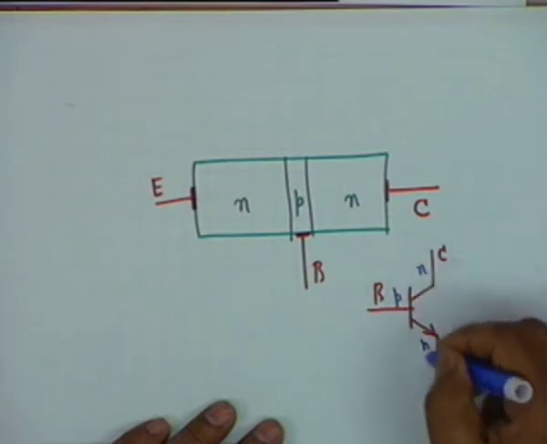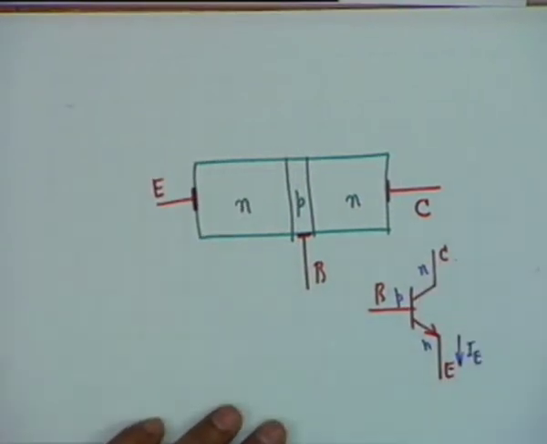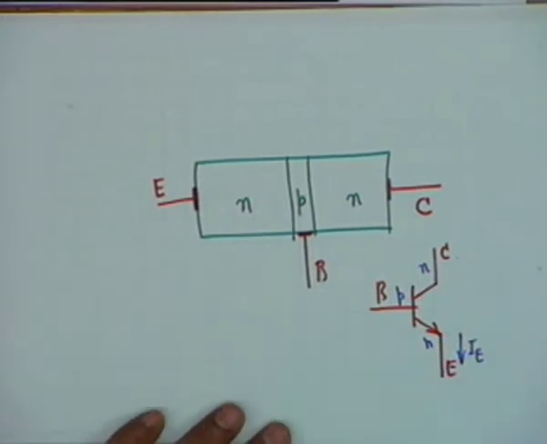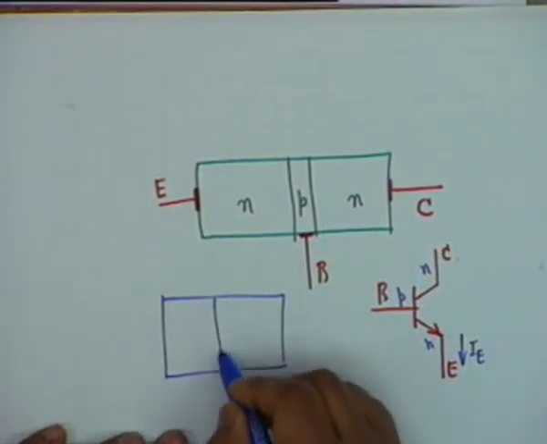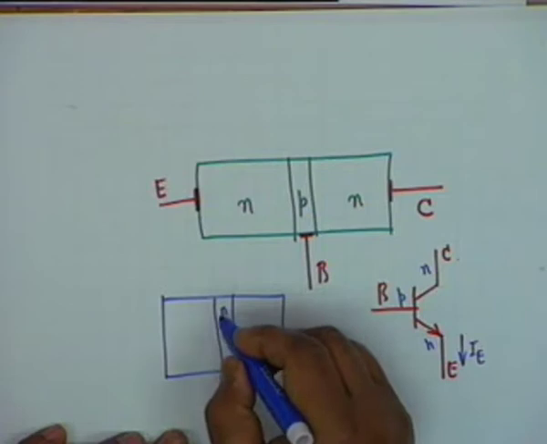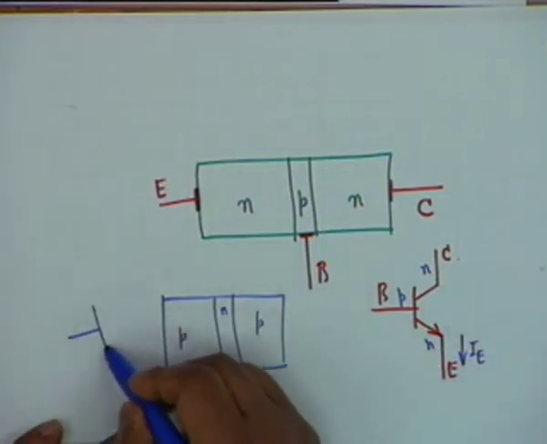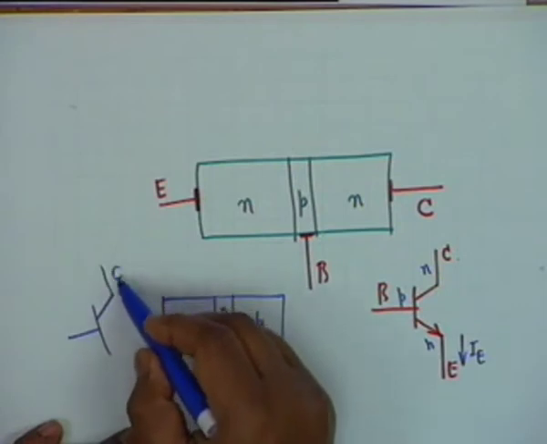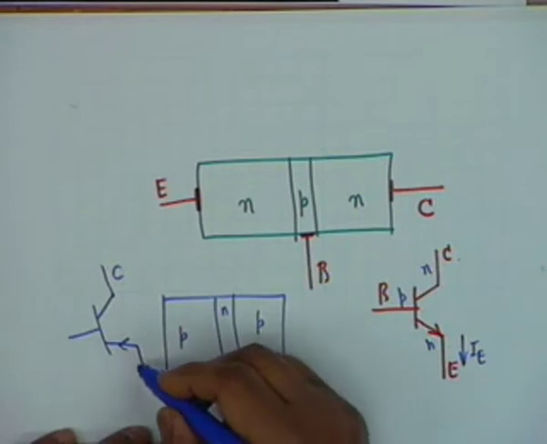An NPN transistor shall always be like this, whereas there is nothing secret about NPN. You could also have a PNP transistor in which the base region is N, the other two are P. Then this transistor shall be represented by the same symbol, but the arrow shall now point inwards.